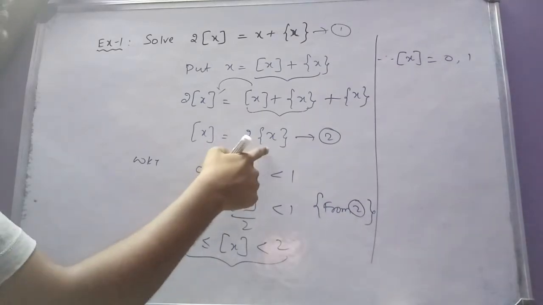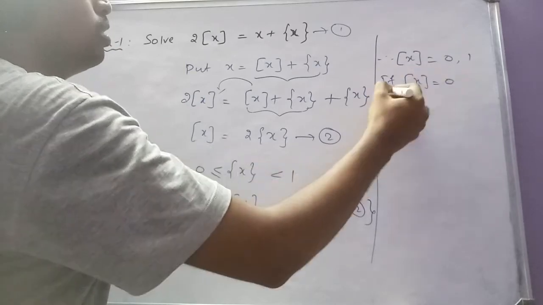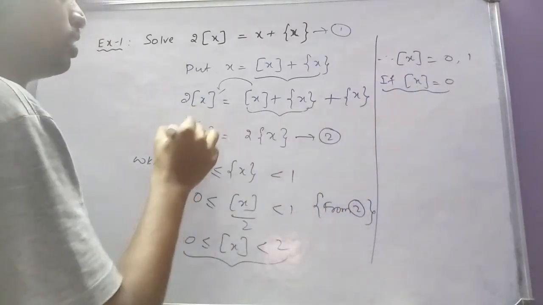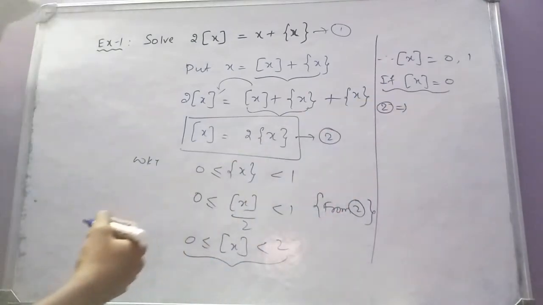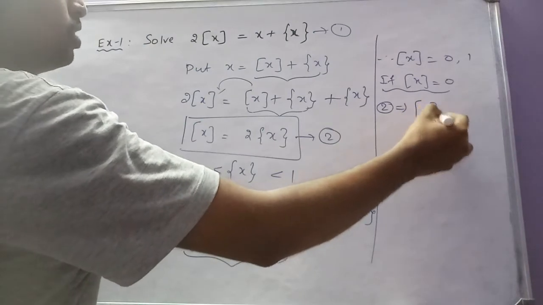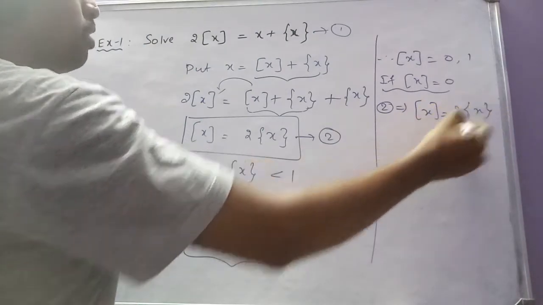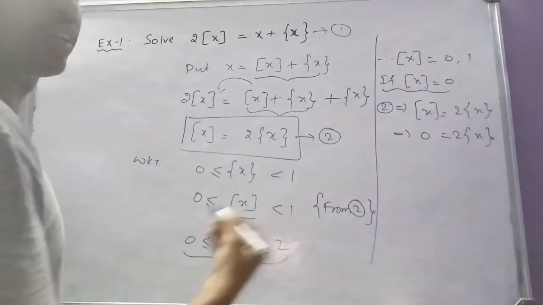Now if floor of x is equal to 0, then from equation 2, I told you this is the main equation in this problem. From equation 2, what is the value of the fractional part? Write down the equation first: floor of x is equal to 2 into fractional part of x. Take floor of x is equal to 0. 0 is equal to 2 into fractional part of x.